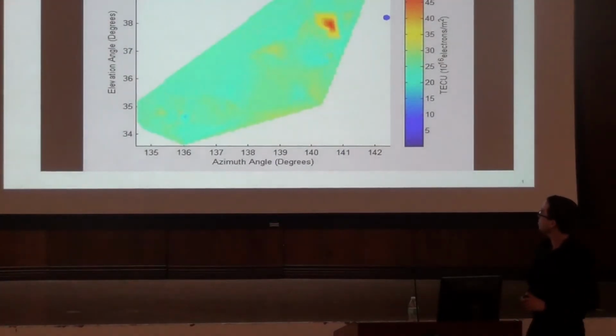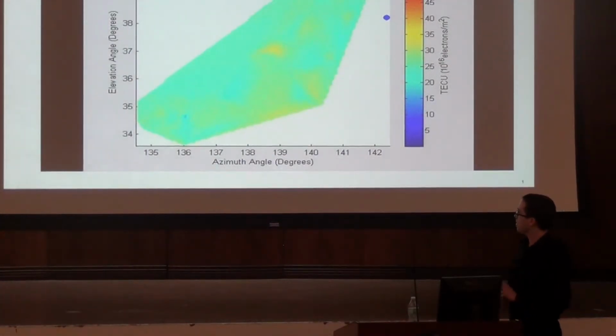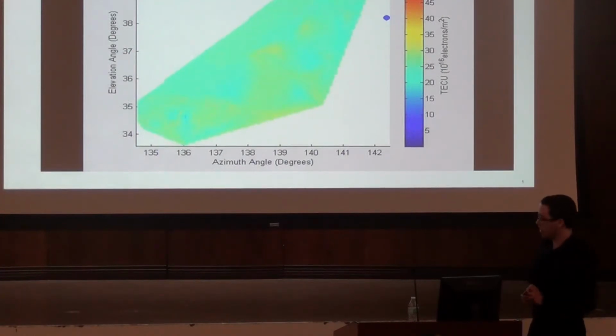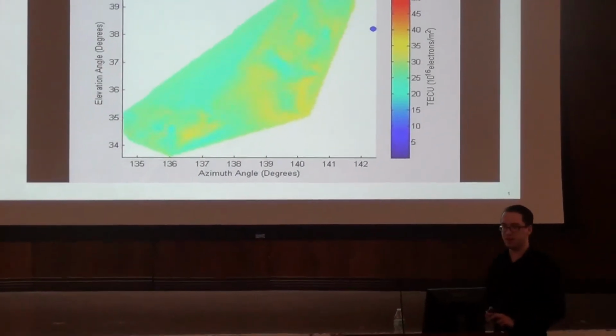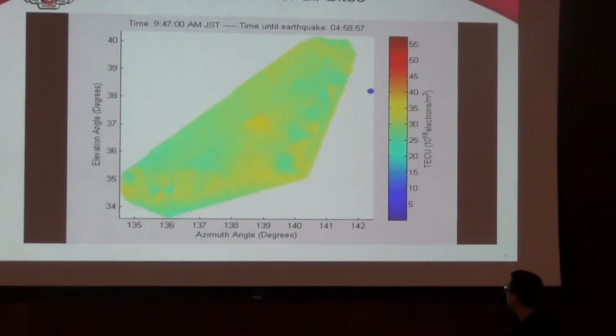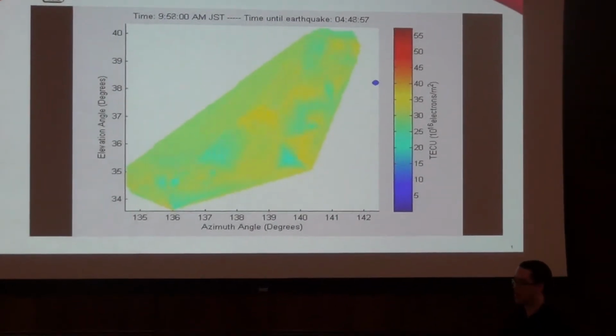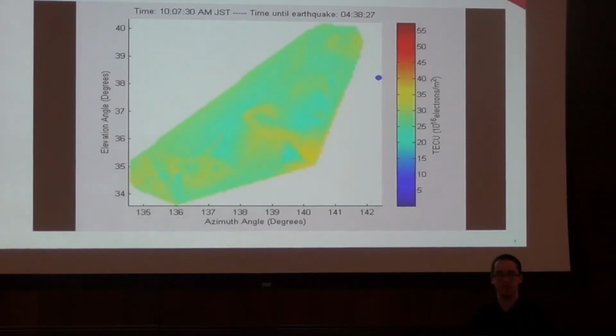Down here's the movie that I have. You'll notice that the color bar has total electron content to the side, while it has azimuths and elevation angle. And you notice that as the time increases, it changes color. It goes from yellow to red to blue.